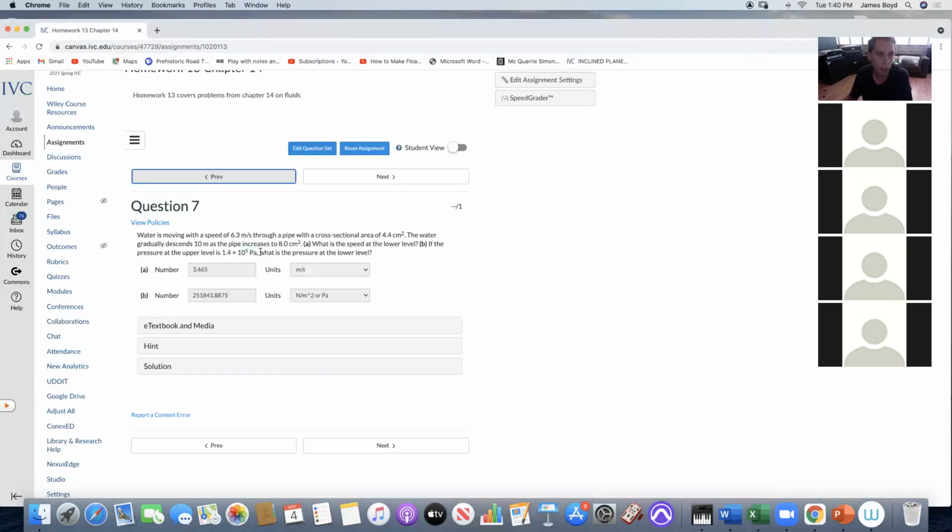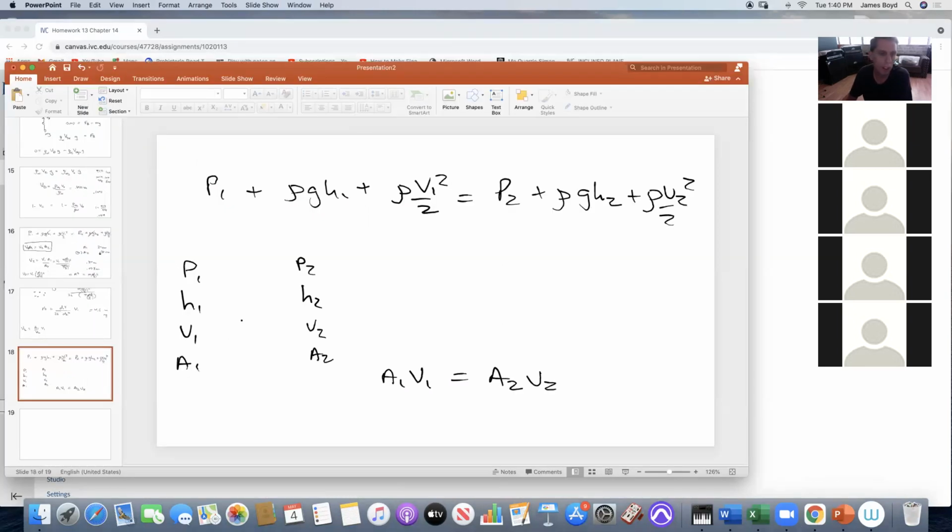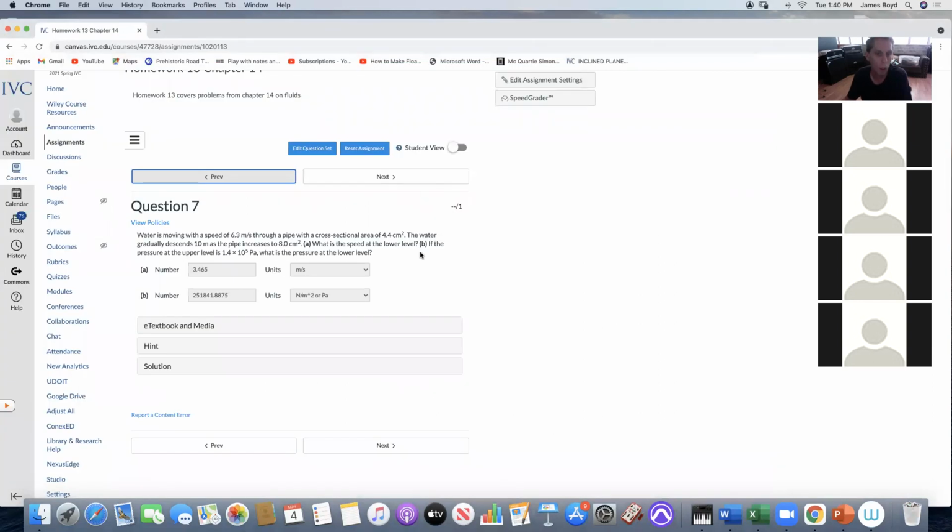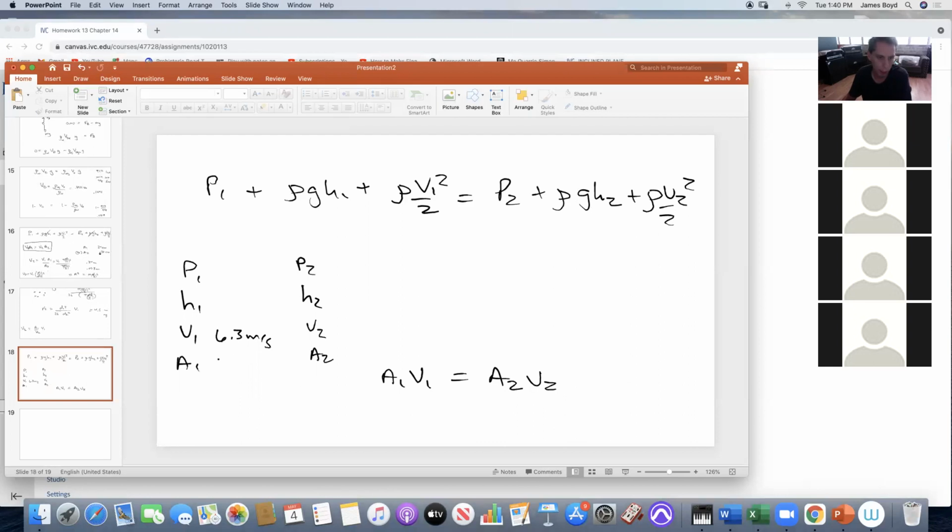We're told that V1 is 66.3 meters per second, and the cross-sectional area there is 4.4 centimeters squared. You don't have to change these areas because if you're dividing them, they cancel, but you may need to if you're not dividing them.